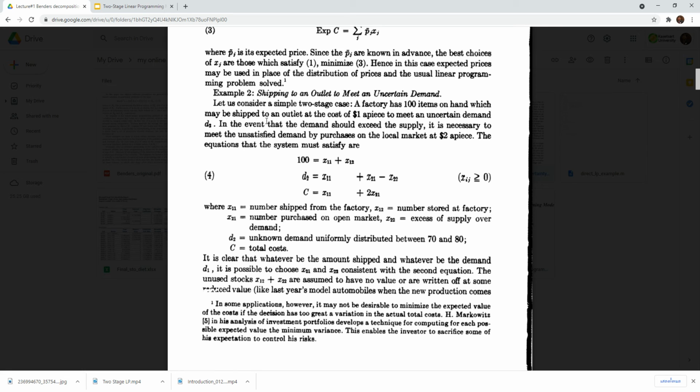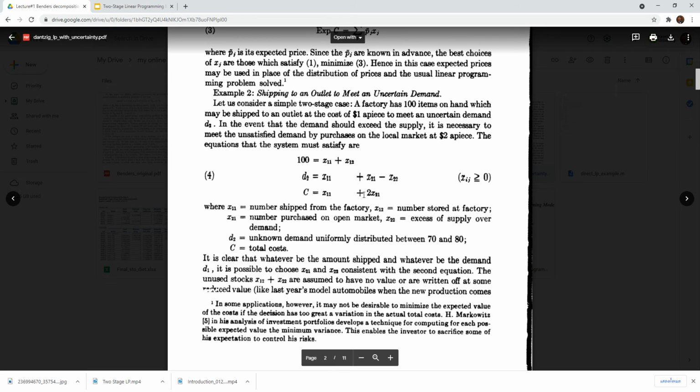And then if x sub 1 1 cannot satisfy D2, you need 2 times x sub 2 1, because this is the add-on to meet the demand, and you need to get it from the local market at $2 a piece.